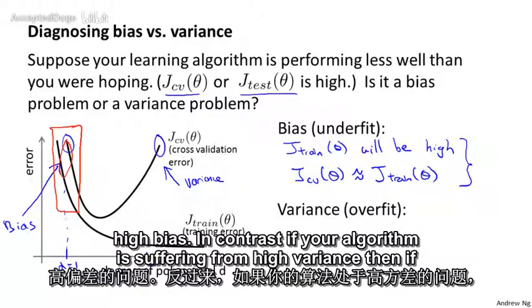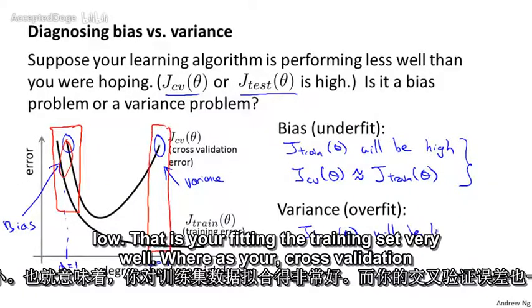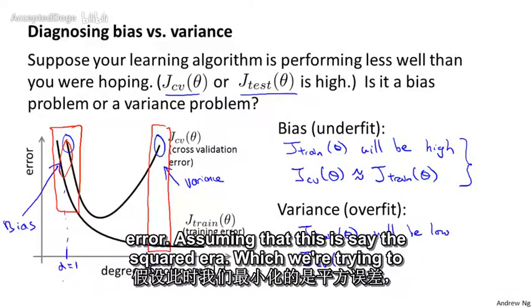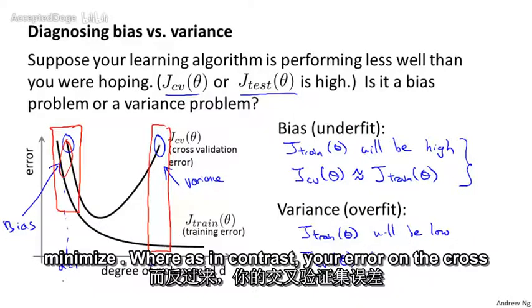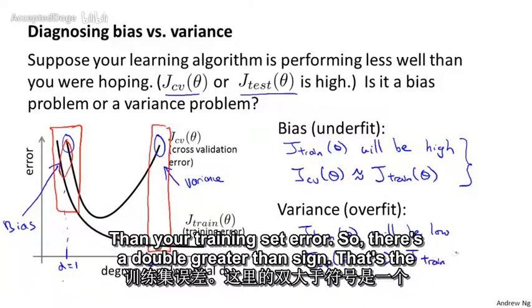In contrast, if your algorithm is suffering from high variance, then if you look here, we'll notice that J_train, that is the training error, is going to be low. That is, you're fitting the training set very well, whereas your error on the cross-validation set, assuming that this is, say, the squared error which you're trying to minimize, or your cost function on the cross-validation set, will be much bigger than your training set error.